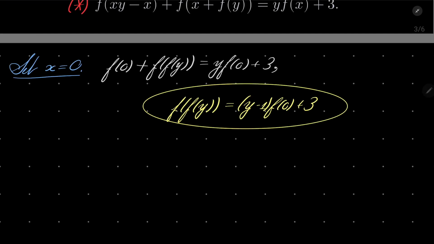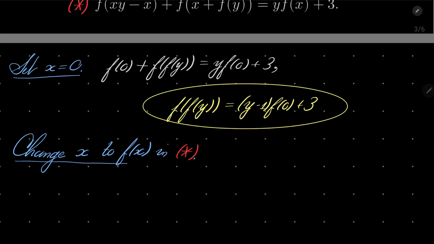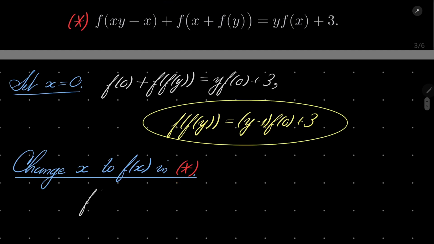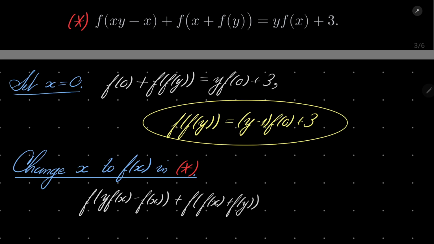Then, our second part, change x to f of x in our condition asterisk. What happens now? Let's take a look. So we have f of (y times f of x minus f of x) plus f of x plus f of y equals y times (f of x plus 3).